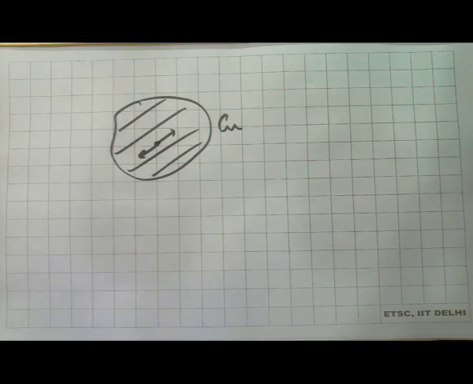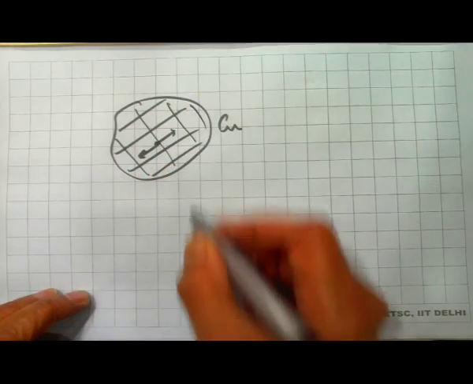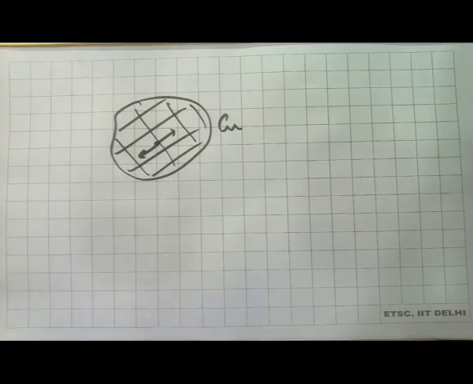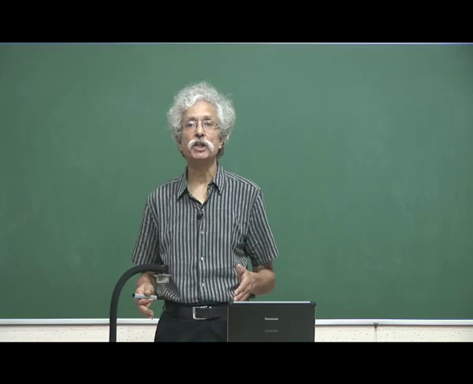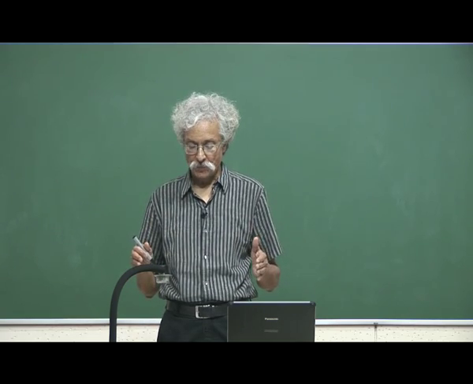So, please remember that because there are free charges present inside the conductor, they will react to any electric field present inside the conductor and move. And because currently we are discussing electrostatics, that means a situation when the condition is static, there is no movement of charges.